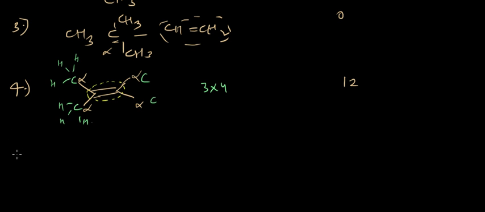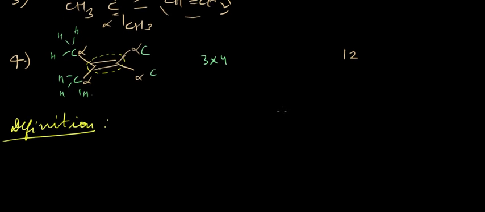So the definition of hyperconjugation is that hyperconjugation is defined as sigma-pi conjugation, and hyperconjugation is also known as no-bond resonance. The more the number of alpha hydrogens in an alkene, carbocation or free radical, the more is its stability.